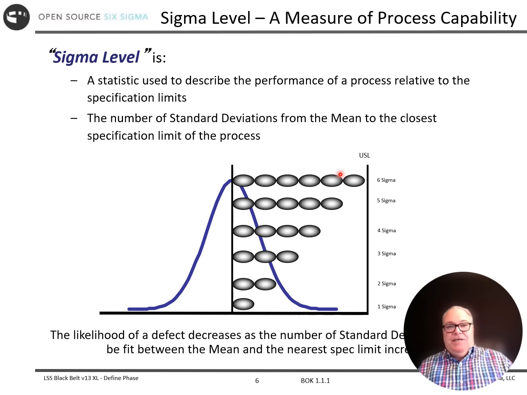So that would be a 6 sigma process that we're showing here. If we could only fit 5, it would be a 5 sigma process. 3, a 3 sigma process, right, all the way down to, if we could only fit 1 and our specification limit was over here, we would have a 1 sigma process. So this is what we talk about when we say the sigma level.